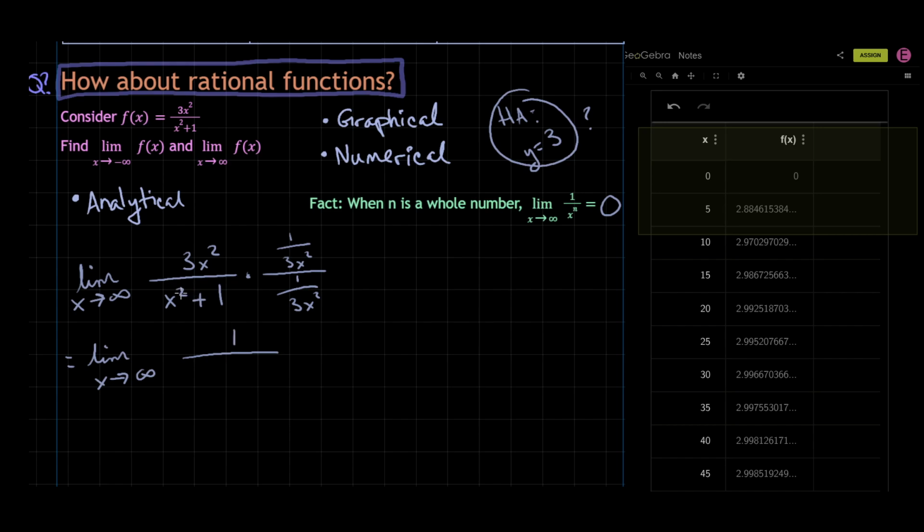Alright? x squared over 3x squared. By the way, I have to distribute here. Don't forget. So this is going to hit both of these terms down here. Alright, so the first one, x squared over 3x squared, that is 1/3. Plus, so this plus sign here goes here, plus 1 over 3x squared. Sorry, that's a squared.